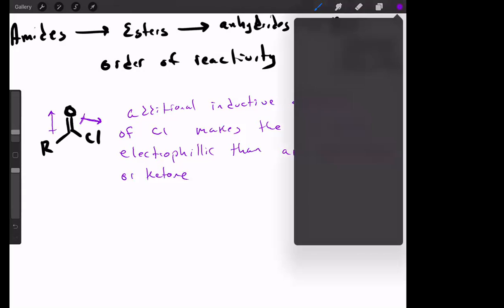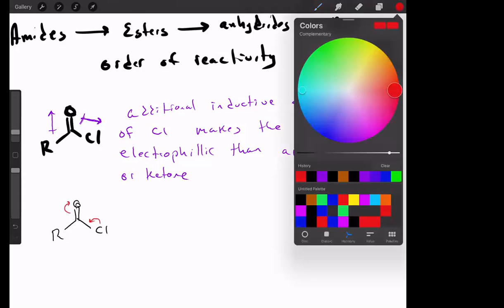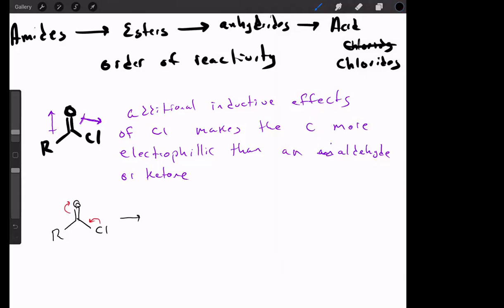When I look at resonance, I can think about a novel resonance structure. Of course, we know the resonance structure that involves just the movement of the double bond to the oxygen, but we can also show a double bond forming between the chlorine and the carbon to make a positively charged chlorine and negatively charged oxygen.